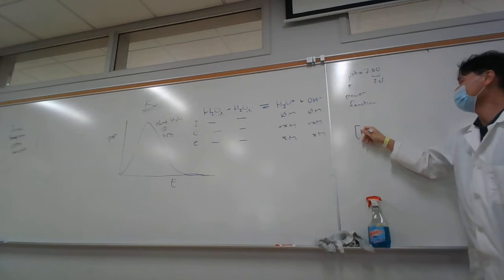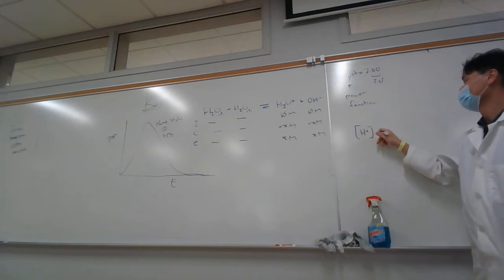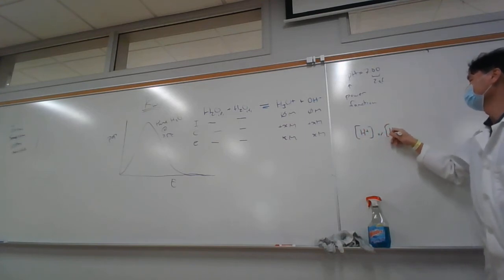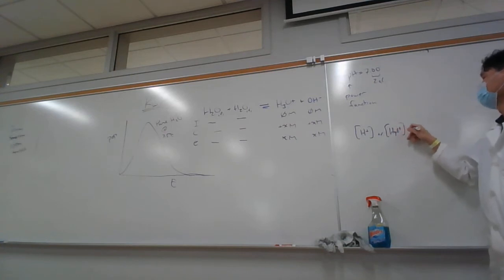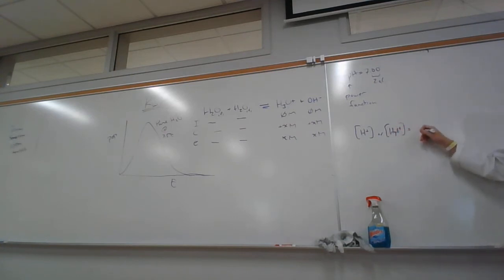That means the hydrogen ion concentration, or hydronium concentration, same, is equal to 10 to the minus 7.00, that would be the power, molar. And then I'm allowed 2 sig figs, so I'm going to add those here. I'm going to call it 1.0 times 10 to the minus 7 molar.